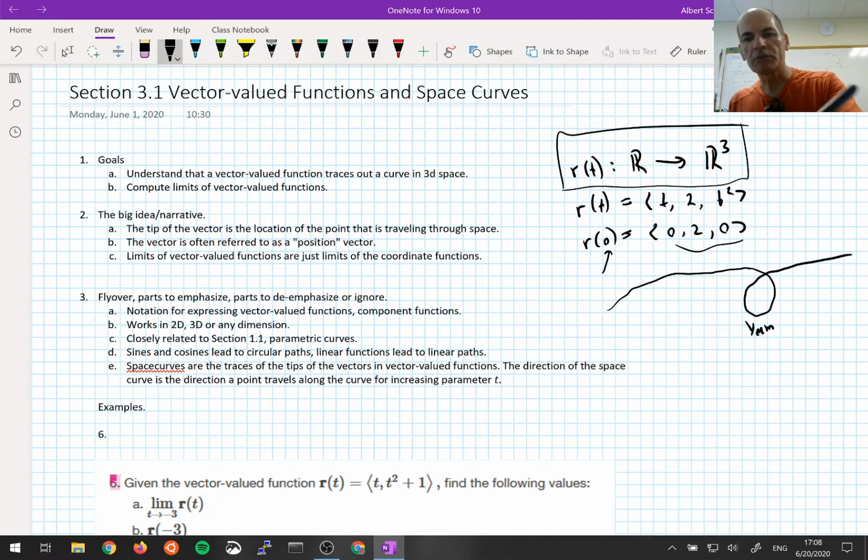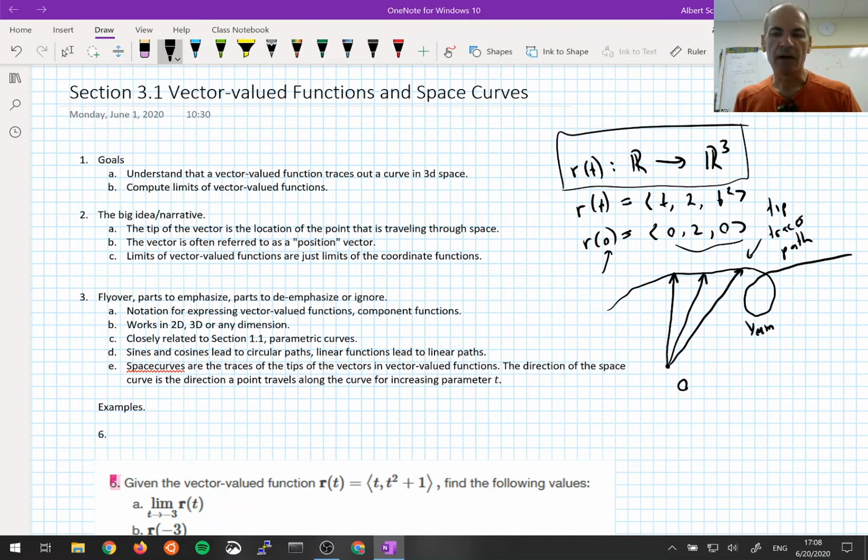All right, what's the big idea here, or the narrative? A vector-valued function, of course, is going to produce a vector in standard position. So if we put the origin down here, then what we're really seeing is a collection of vectors that depend on different times. So the tip traces out the path of the bird as it's flying through the sky at each moment in time.